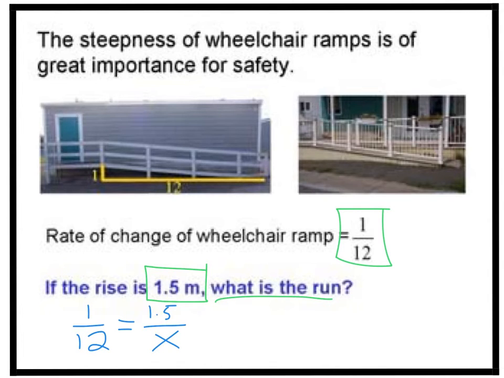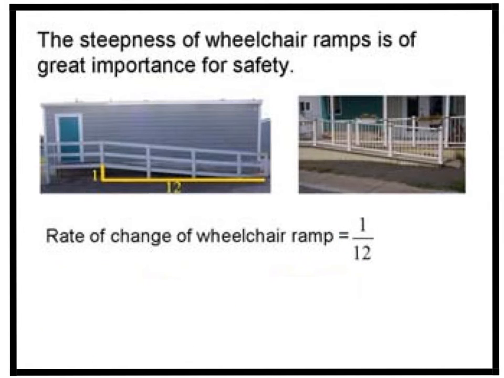Now, I don't like to work with the numbers on the bottom, so I'm going to flip them up. We're going to see this on a fresh page because it'll just be easier to work with. So we'll take 12 over 1 being equal to x over 1.5.